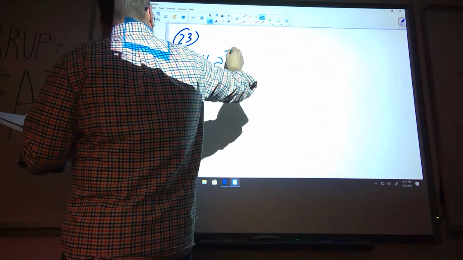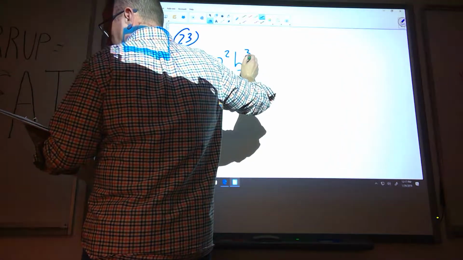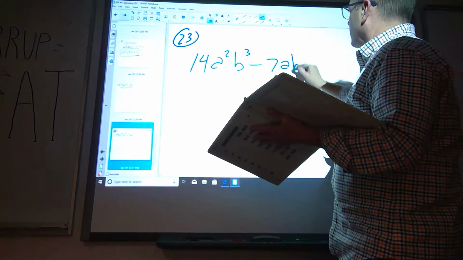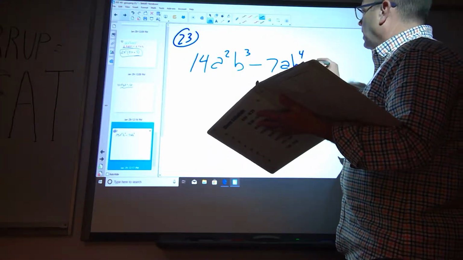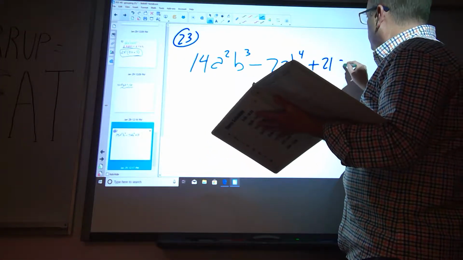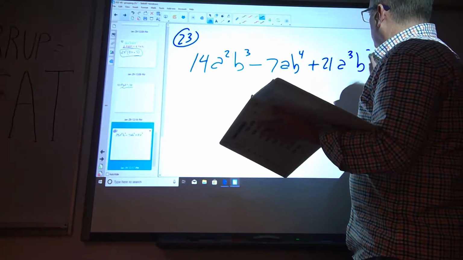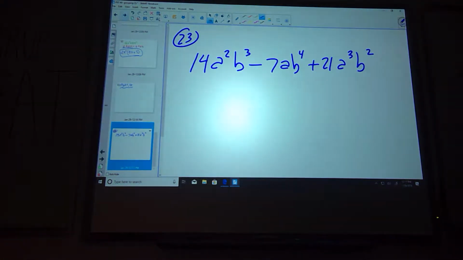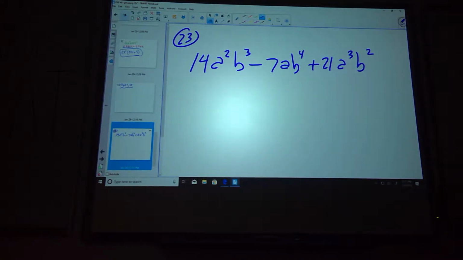14 a squared b to the third minus 7a b to the fourth plus 21 a to the third b to the second. Did I write it down correctly? Okay.